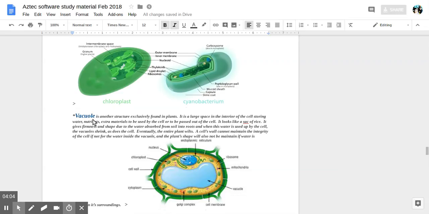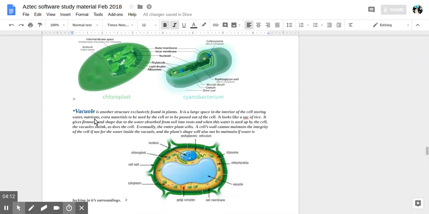Okay, the next cell part that we're learning about that is only found in plant cells is the vacuole. Read this. A vacuole is another structure exclusively found in plants. It is a large space in the interior of the cell storing water, nutrients, extra materials to be used by the cell or to be passed out of the cell.